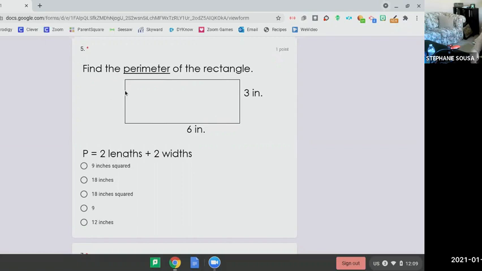Plus 3 more is 16, 17, 18. So in this example, the perimeter and the area happen to have the same number. The label is different. We are only going around the outside edge, so we are not creating squares of length and width. We are only measuring one dimension along the outside.